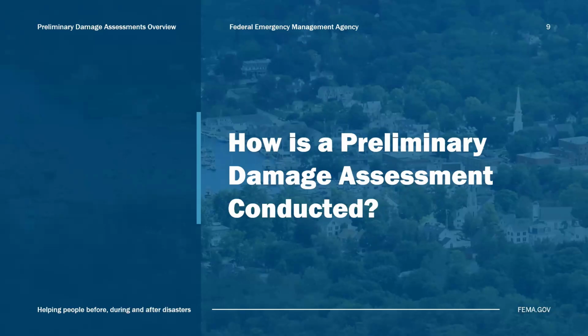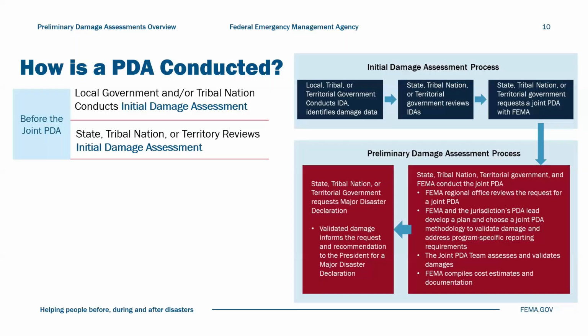The FEMA PDA Guide provides a breakdown of readiness and planning activities that can assist jurisdictions to plan before an incident occurs. Prior to a joint PDA, local, tribal, nation, or territorial governments conduct the initial damage assessment and identify damage.